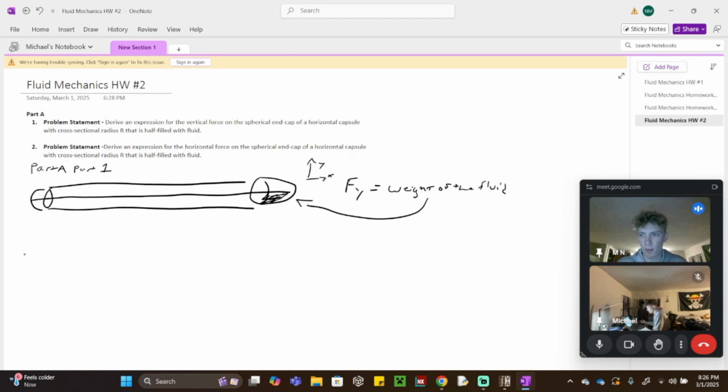So how do we get the weight of the fluid? Our Fy is going to be equal to the volume, which for a sphere is 4/3 pi r cubed, times the section that we're looking at, which is a quarter of a sphere, times the density of the fluid, times g.